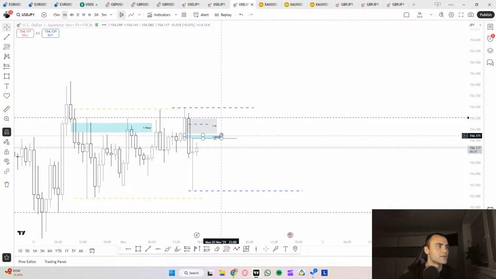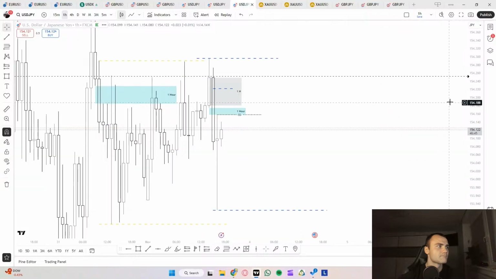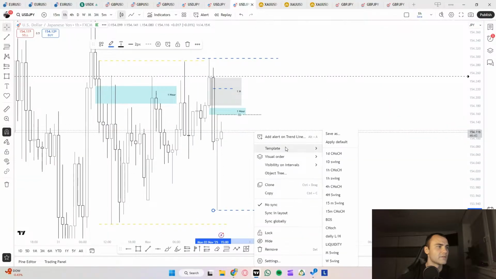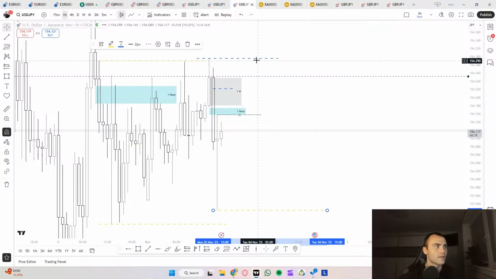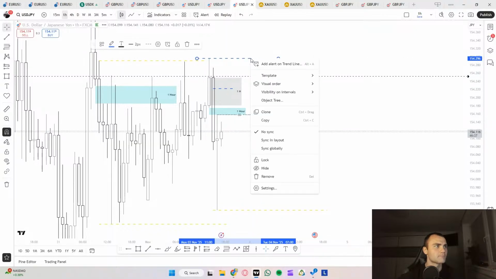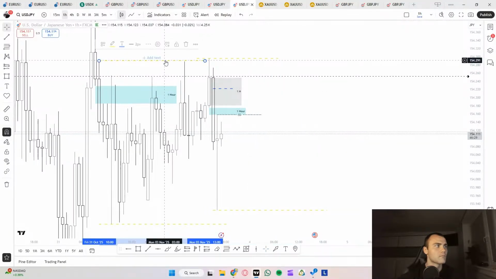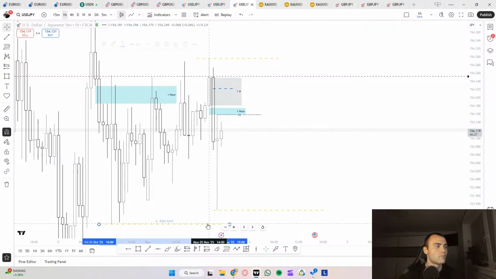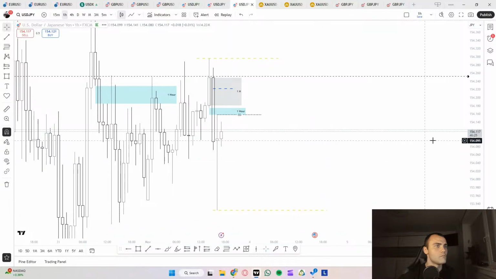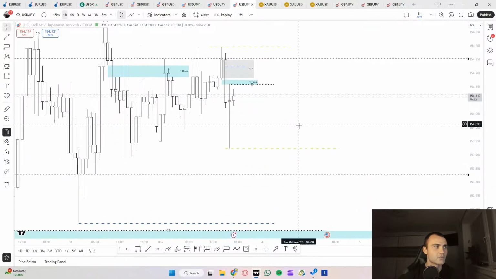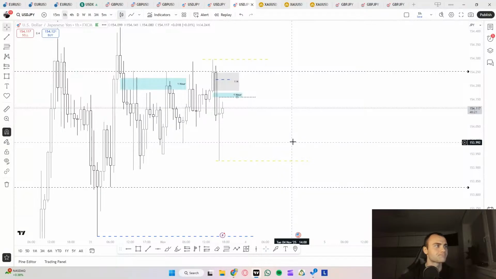What I wanna see is, this range is very visible on 1 hour, so I'm gonna mark it on 1 hour, right? And I do expect the range to continue.